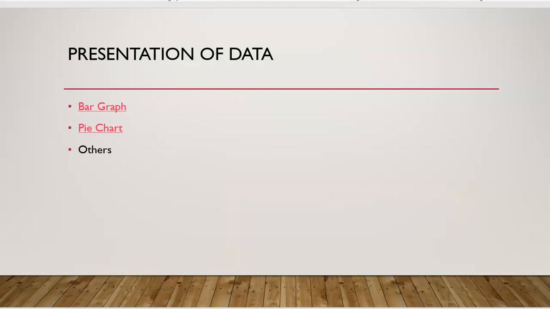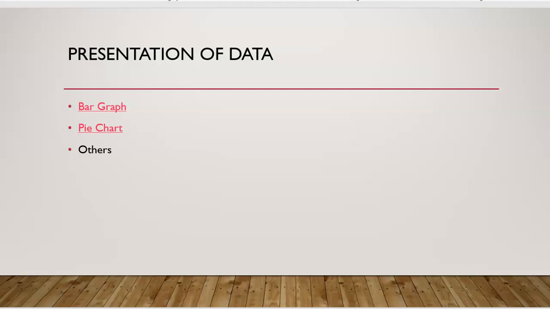Now, presentation of data. There are various modes to present your data. In your Excel sheet, there is a chart button, and you will come across various methods of presentation. Commonly used are bar graph, histogram, pie chart, scatter diagram, and line graph.